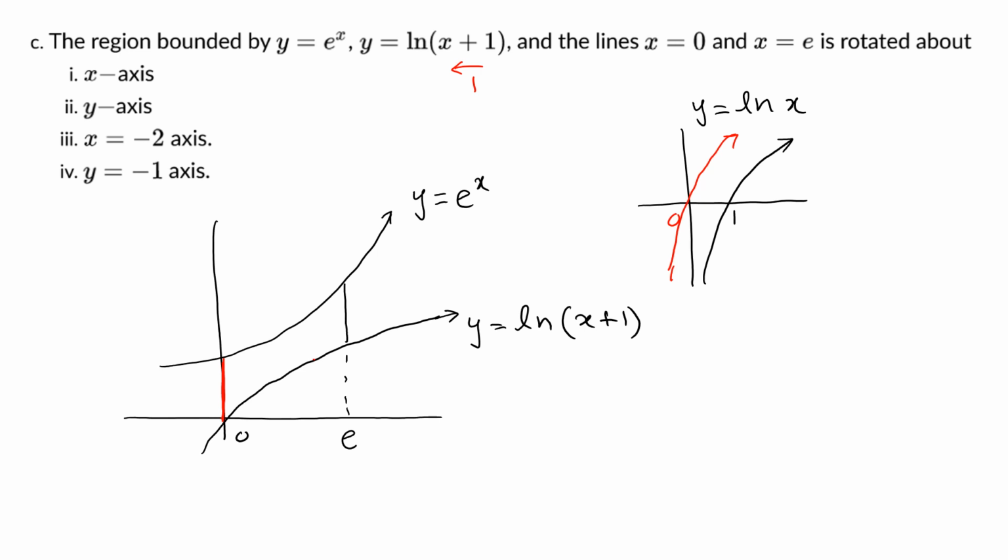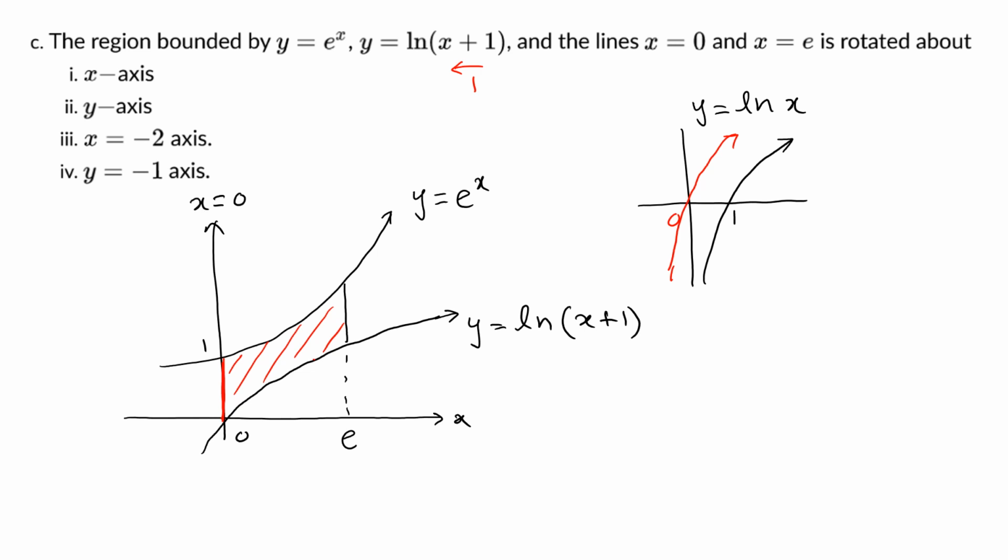Okay, so that's the region we are talking about. We're going to rotate this region around different axes. Other important values: this is 1 here. So let's do one by one now.